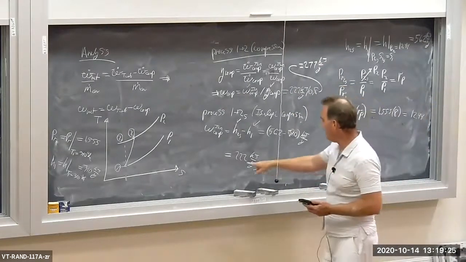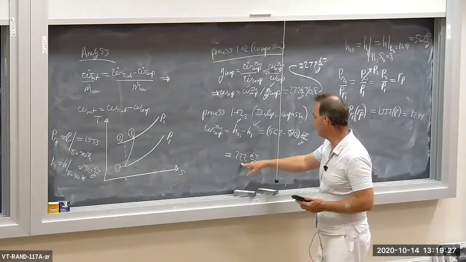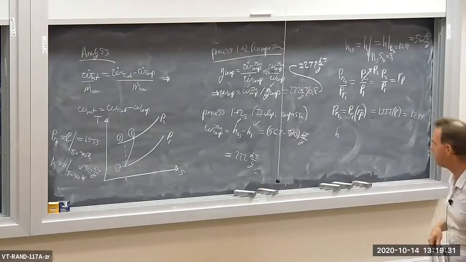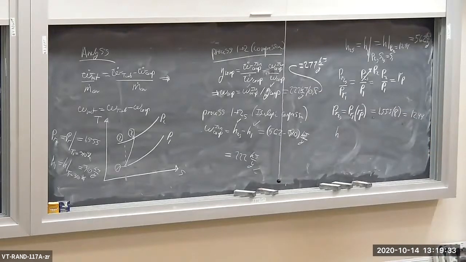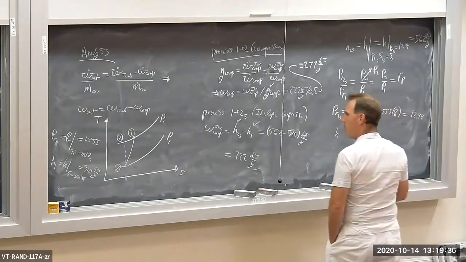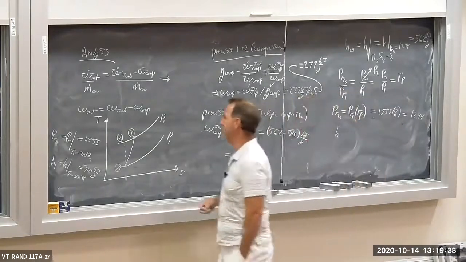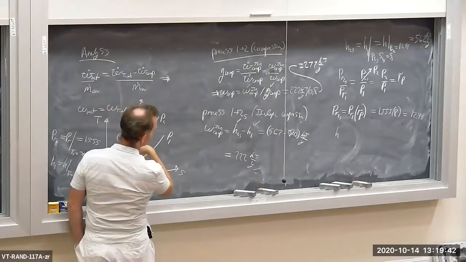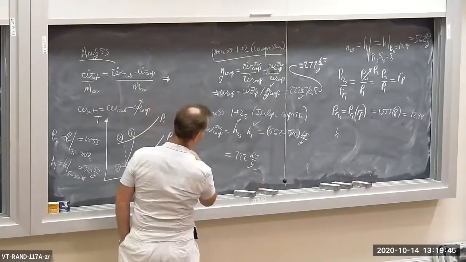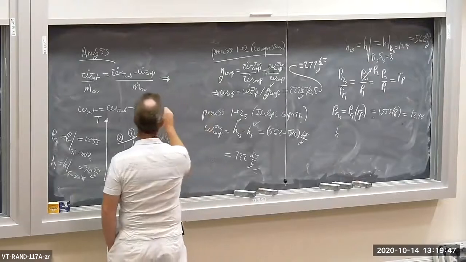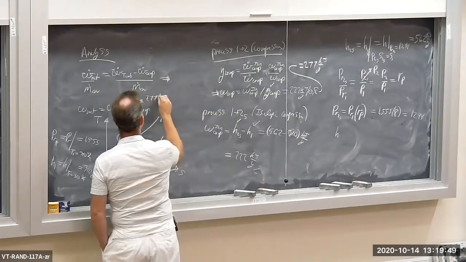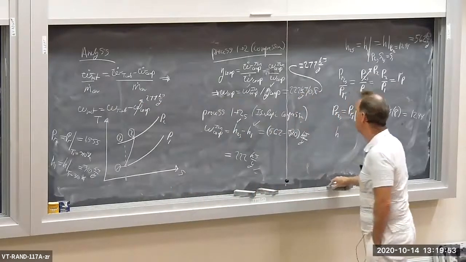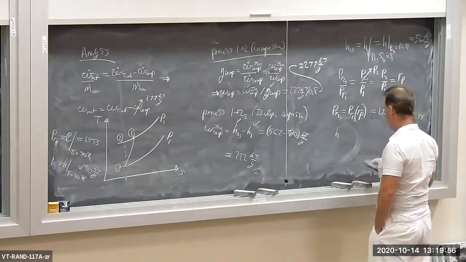Notice that the isentropic compressor takes less power than the real compressor to pressurize the flow up by a factor of 8. Okay? So let me write this somewhere. So W compressor is 277 kilojoules per kilogram. I need to write that somewhere.